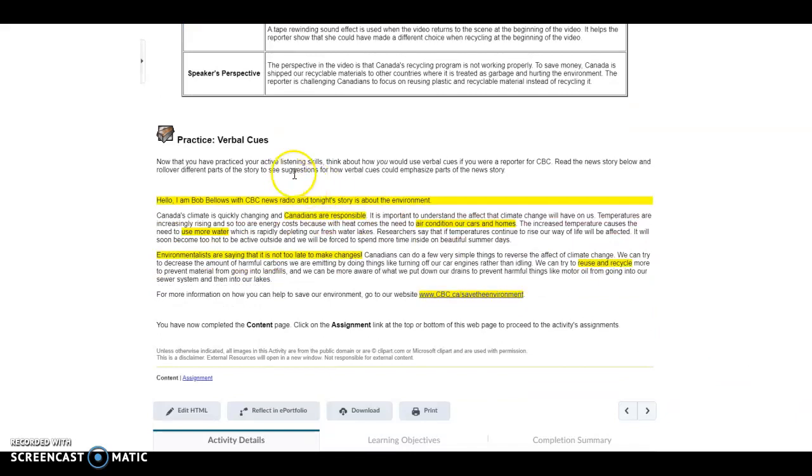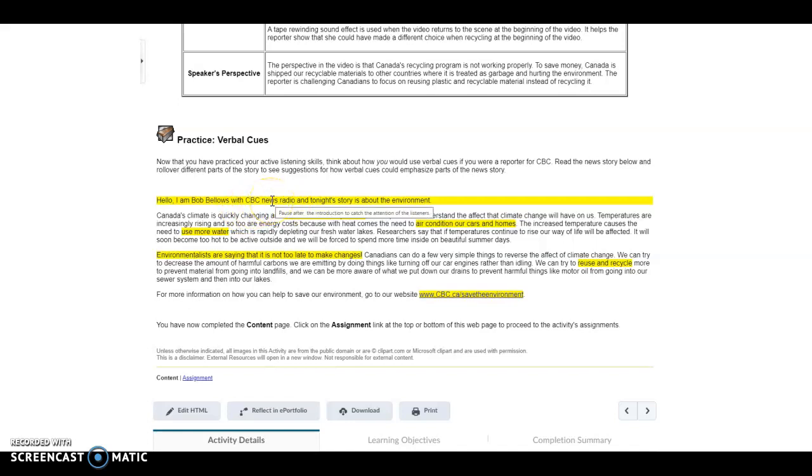Lastly, there's one more bit of practice here. There's a little write-up of a CBC News radio piece, and you'll see that in the different parts of the write-up, they've given you examples of how you could add in verbal cues. So if you were the radio announcer, in this case Bob Bellows, what could you do when you first announce, "Hello, I'm Bob Bellows with CBC News Radio"?